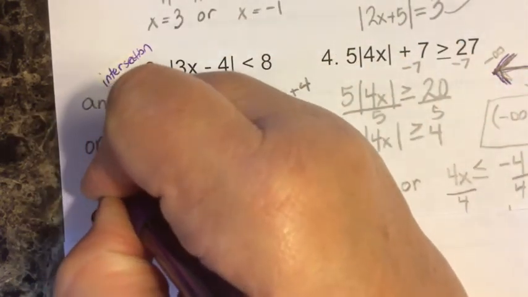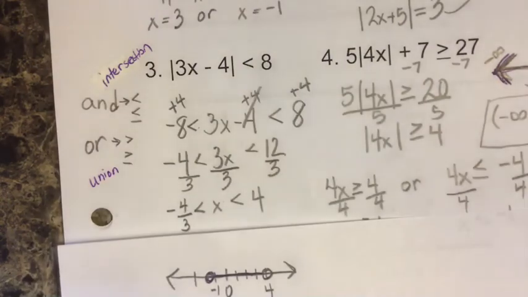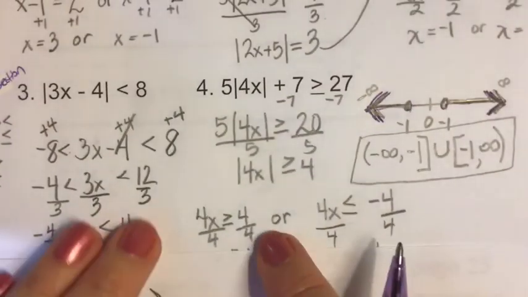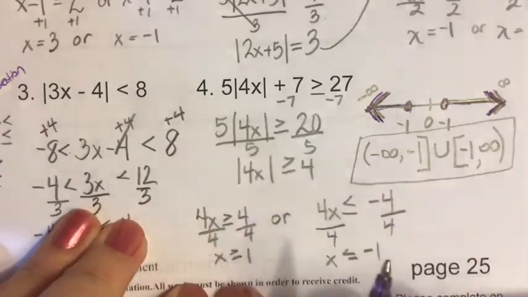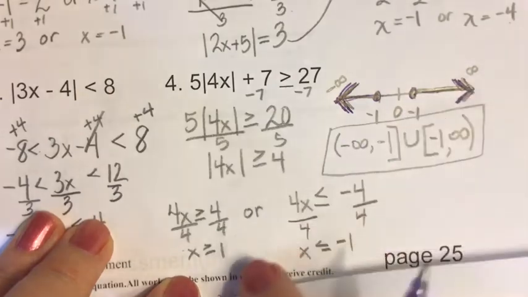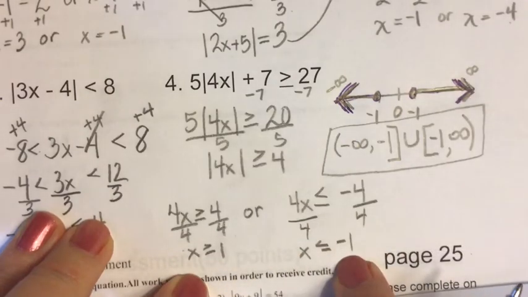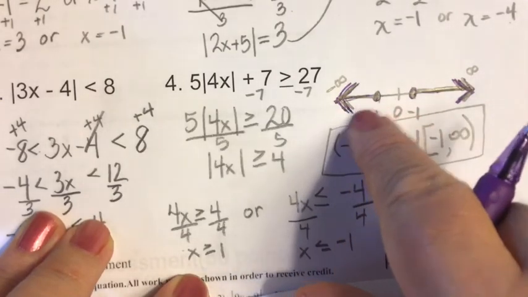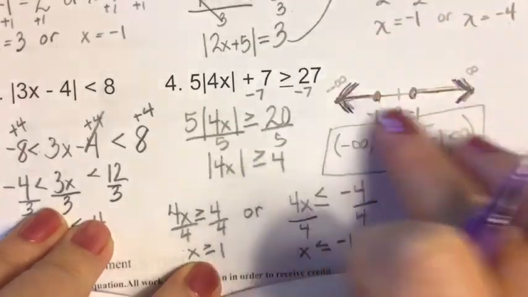When you're doing an or, it's the union of the two, which means you put them together. For example, over here, when you graph x is greater than or equal to 1, you get this piece. When you graph x is less than or equal to negative 1, you get this piece. And when you put them together, you get this entire graph.